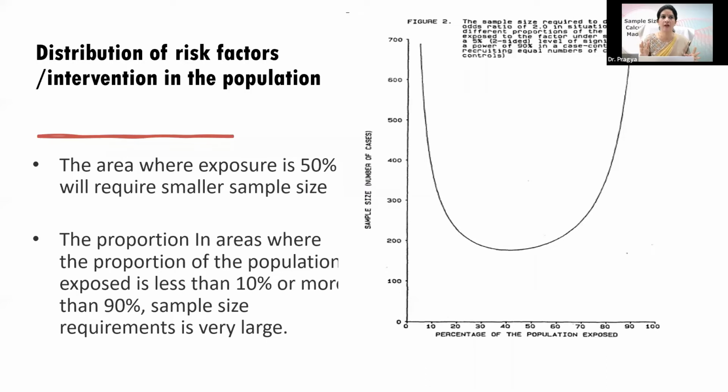In an area where the proportion of population exposed is less than 10%, or more than 90%, the sample size requirement will be very high. The lower sample size will be approximately at 40 to 60%, rather 50%. And if the exposure is less than 10% or more than 90%, the sample size requirement of cases will be very high.